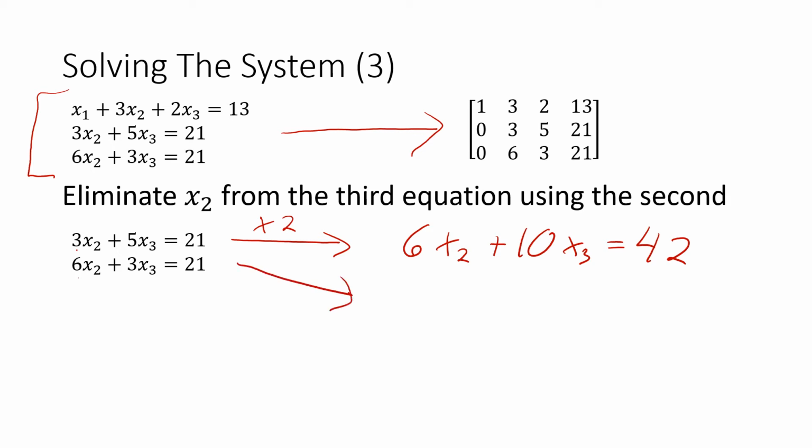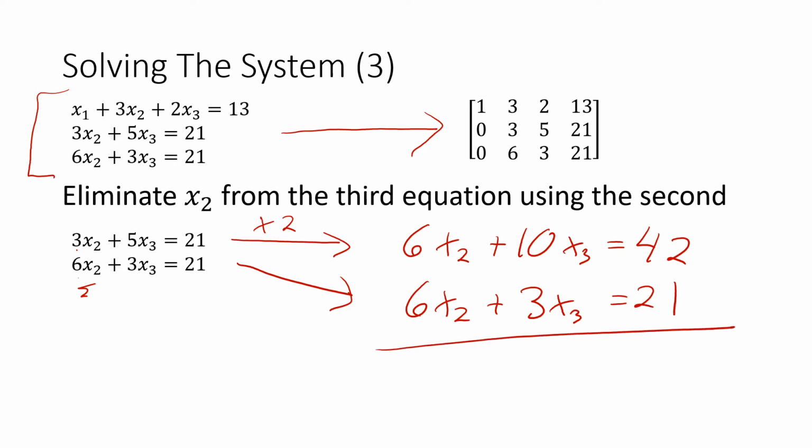My second equation, I've already got the 6x2, so 6x2 plus 3x3 equals 21. I subtract one from the other, my x2's disappear, I end up with 7x3 equals 21.